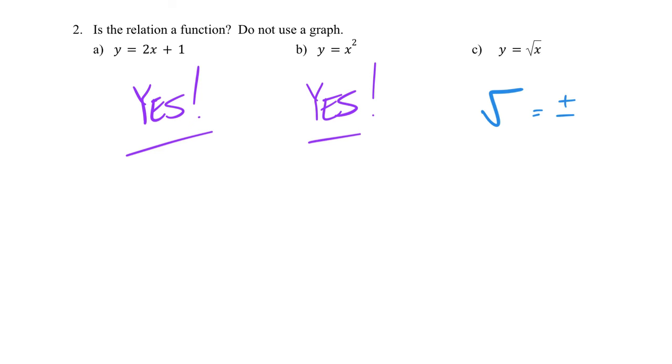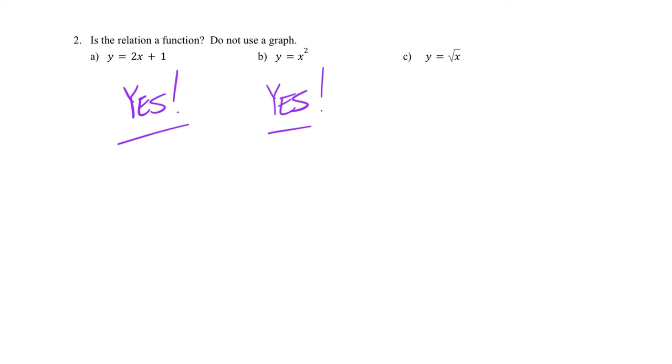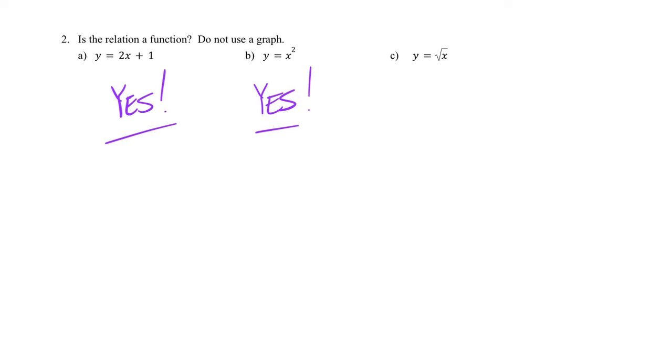And I want to go, great thinking, but incorrect in this situation. Okay, why is it incorrect? I want to make sure that we can tell the difference between whether you have the equation y equals root x or you have the equation y squared equals x.